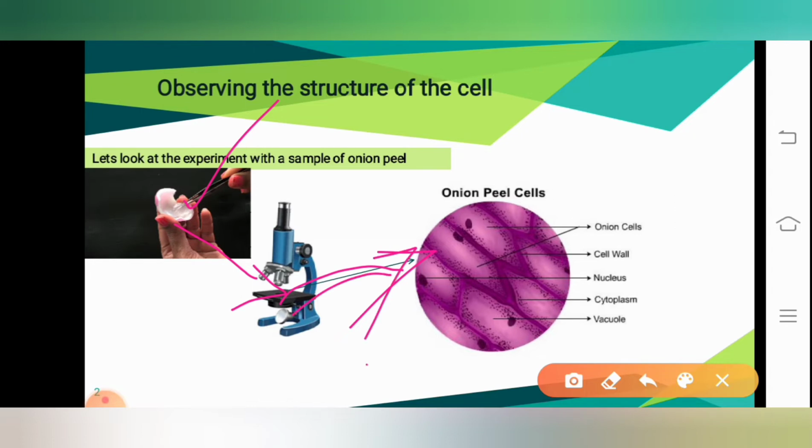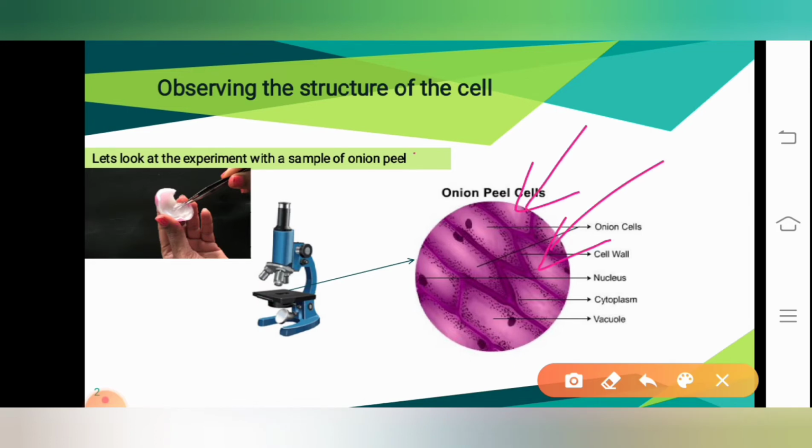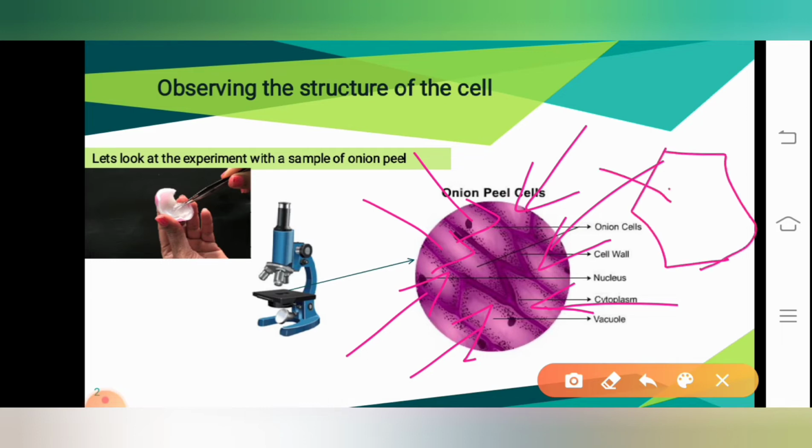When we look at this structure, you can see there are things which look like rooms. Correct? You can see the structure which we have observed under the microscope. Actually, we can see some small room-like structures. They are enclosed by a wall. If this is a room, this is the cell.